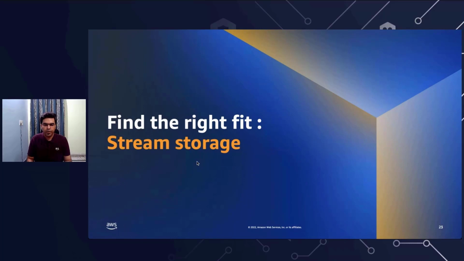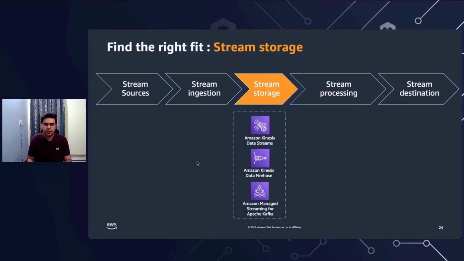Because if I have an MB per second throughput large request coming in from an application, it would not make sense to persist that into something like a relational database or a file system like EFS or even S3, because the use cases for streaming data are somewhat different. You need a windowed way of querying the data, and you'll need multiple iterations of those queries. So three possibilities of storing such streaming data are either a Kinesis data stream, Firehose, or Amazon MSK.